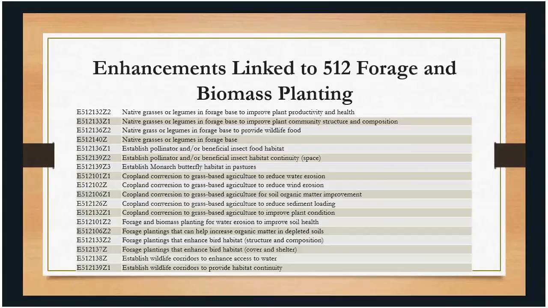As we go through these, I've grouped them to keep from repeating myself very often. My goal is to not repeat myself at all. Much of the criteria and documentation requirements and even the enhancement descriptions are precisely word for word the same between a lot of these enhancements.